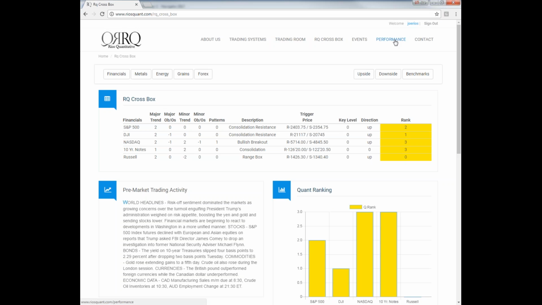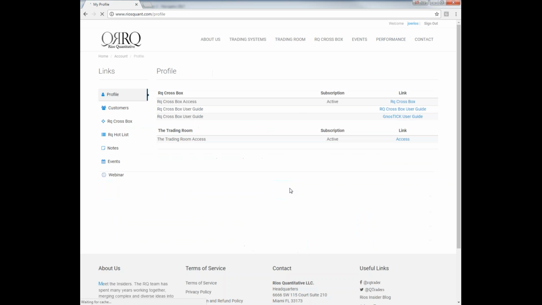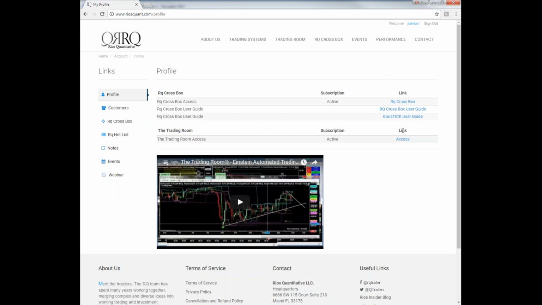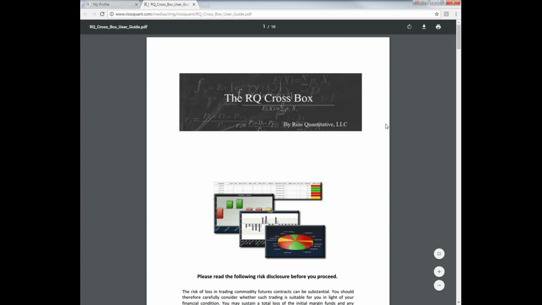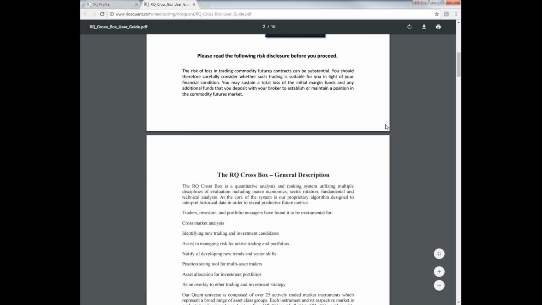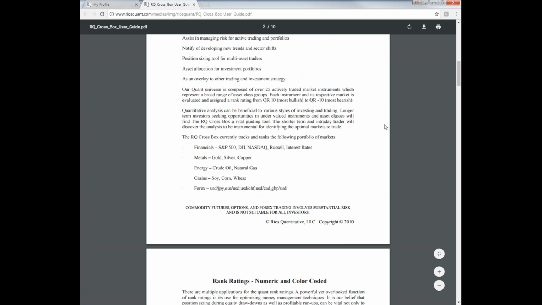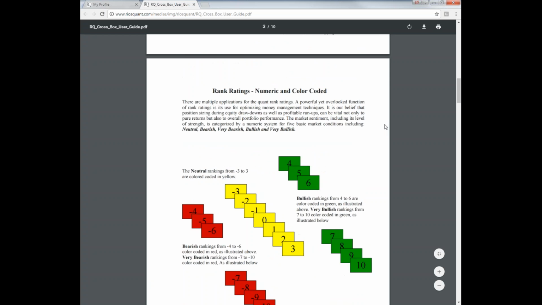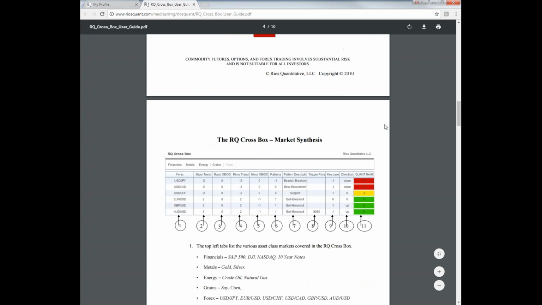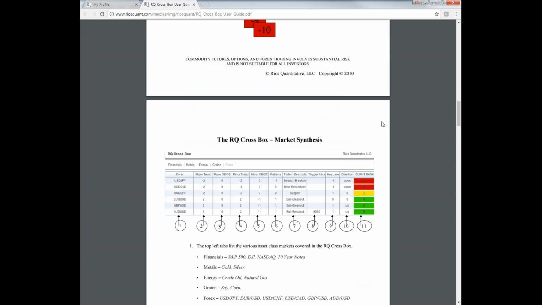I would also like to point out that if you go to the members page, there's a PDF on the crossbox user guide. This user guide was put together years ago. Everything is pretty much the same with the exception of it doesn't talk about the benchmark.